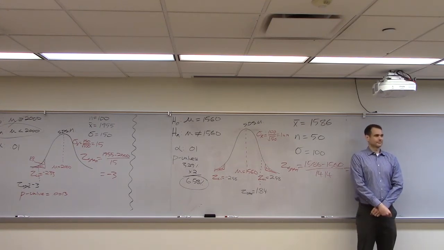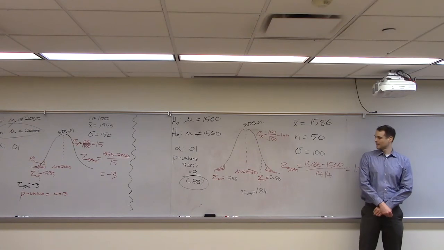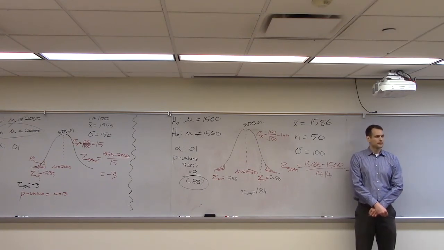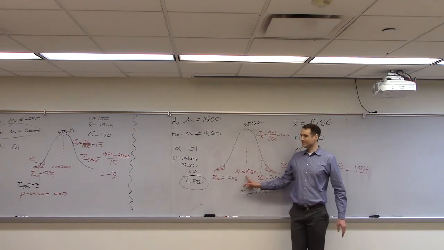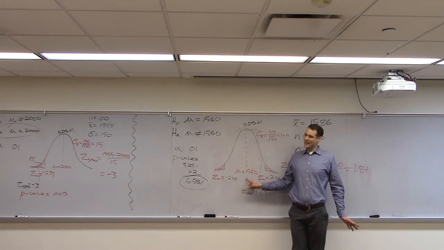I think about it as a circle. Check this out. Let's say that we landed on 1.8. That would be the center of the circle. Then all around it might be the p-value. The sample mean wasn't 1560, so what is the chance that it would be that far away from 1560?